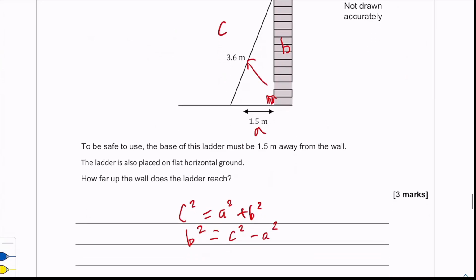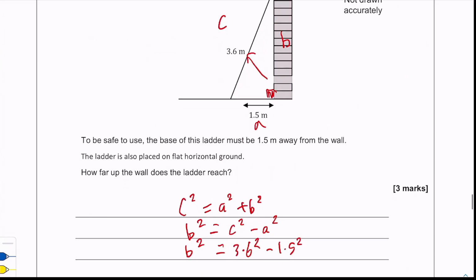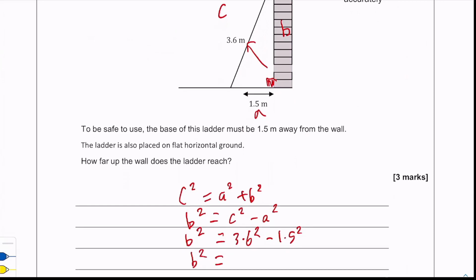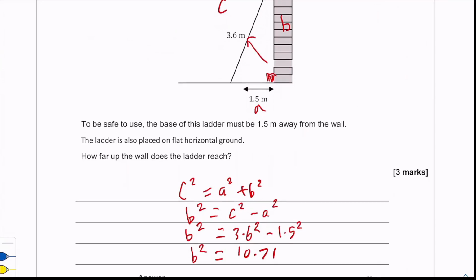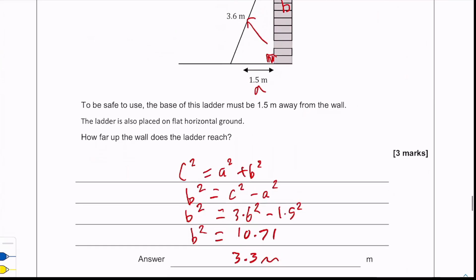Substituting in our values, B squared is equal to 3.6 squared take away 1.5 squared, which is 10.71. When we take the square root of both sides, B is equal to 3.3 to one decimal place. So 3.3 metres is our final answer.